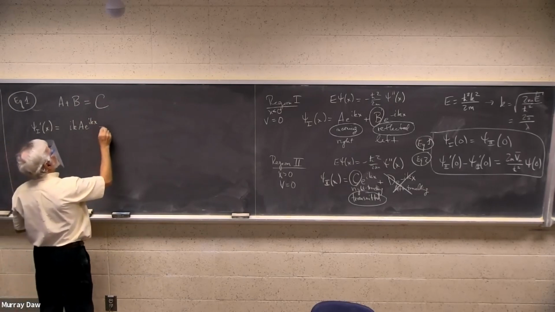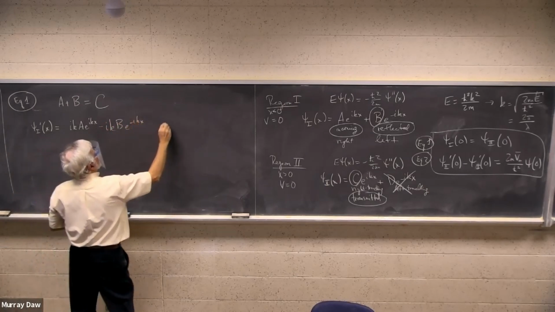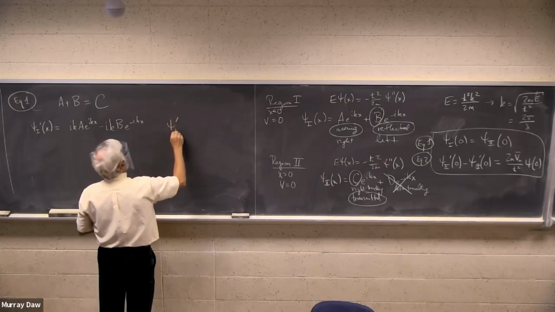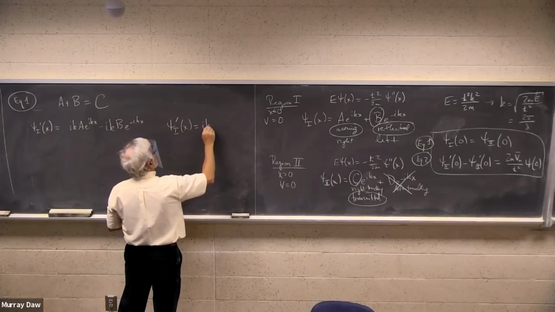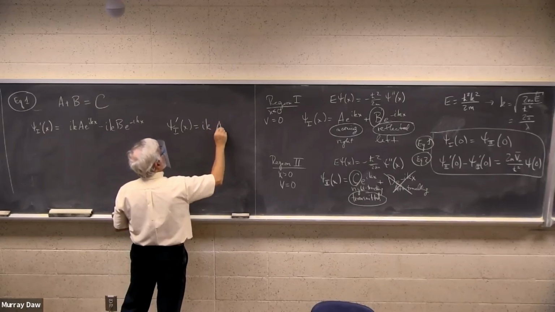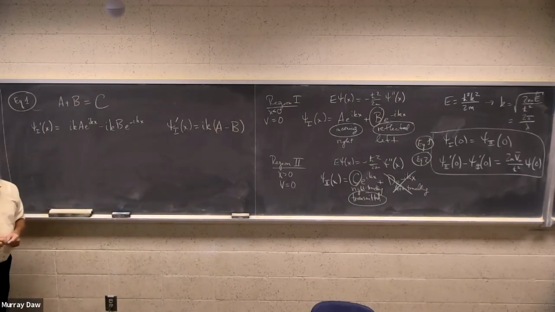Minus B. Good. And so the derivative, the slope of that is going to be IK times A minus B. A and B come in with opposite signs.